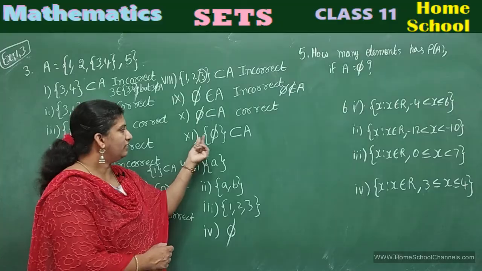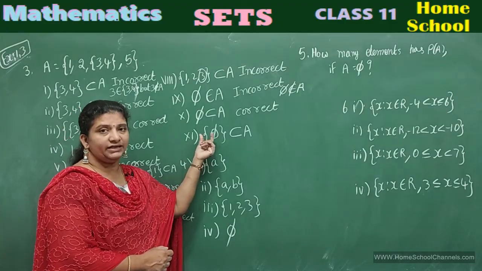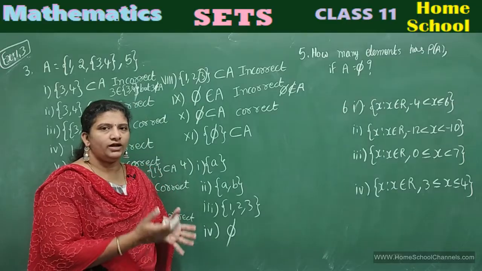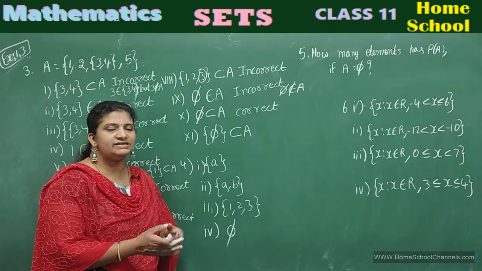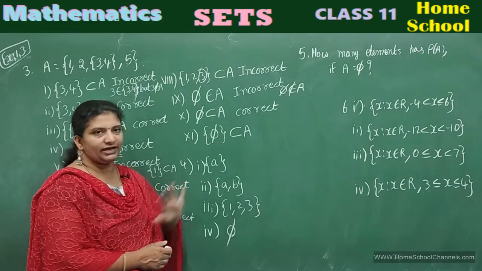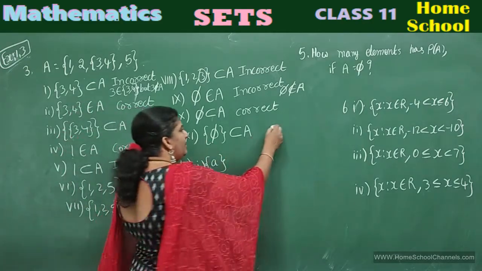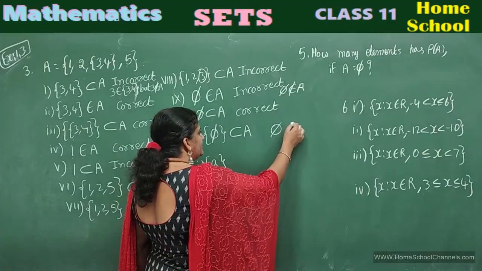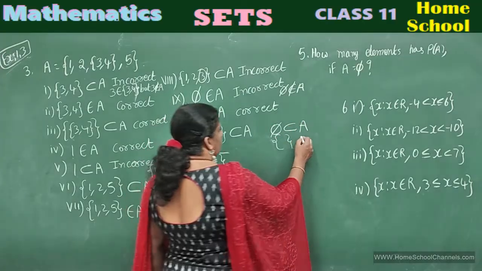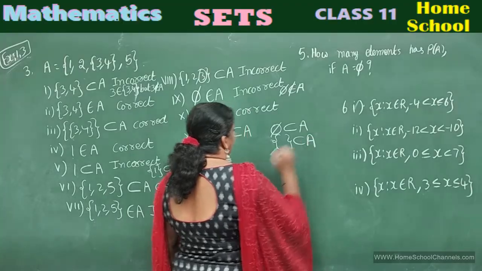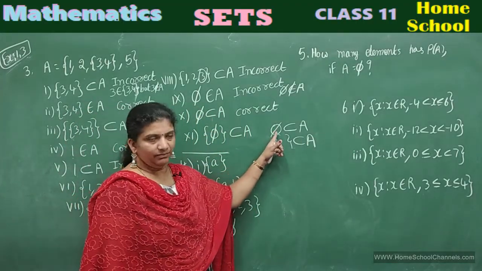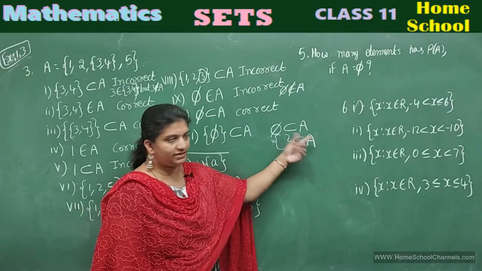The last one, empty set is a subset of A. Already we know that empty set separately is a subset of A, but not like this. See here, either the empty set is a subset of A, like this you can give.